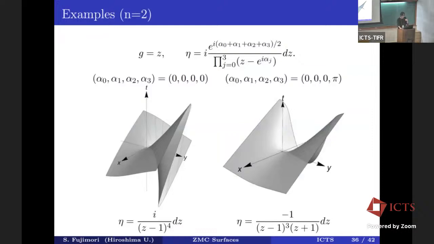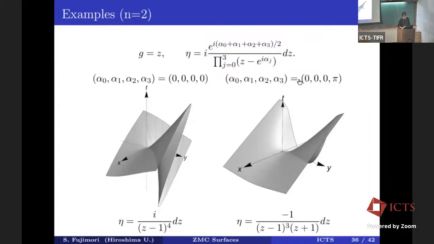And in the n equals 2 case, we don't need any angle condition. So in any case it is properly embedded. But the surface sometimes looks really weird. Okay, for example, these are alpha 0, alpha 1, alpha 2. All of them are 0, then the surface looks like this.